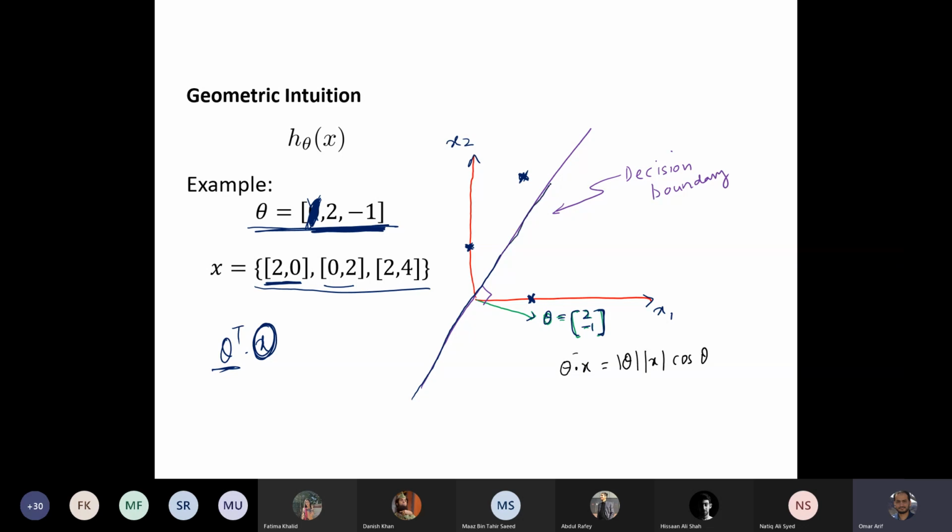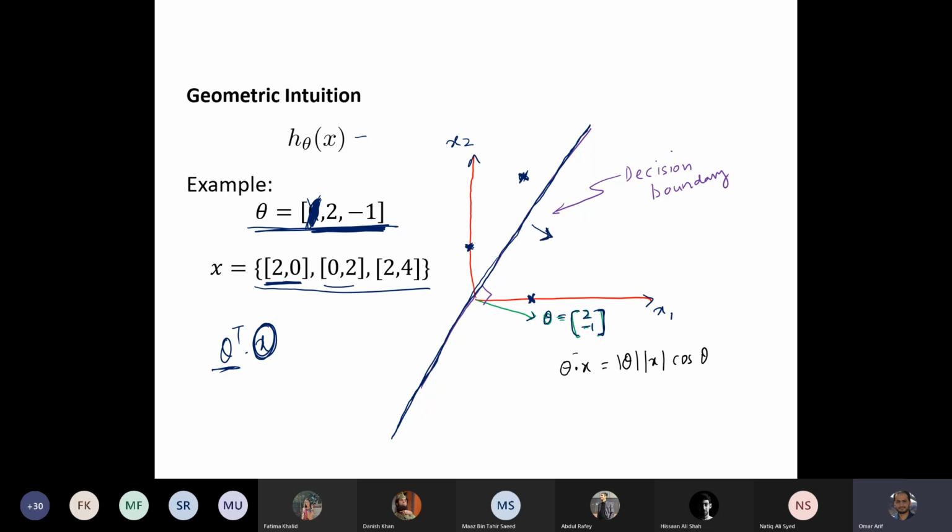Any point x that lies on this line will have a 90 degree angle with my theta parameter, and so it will give me 0 value. When it is giving me 0 value, then the prediction would be 0.5. This exactly lies on the boundary, so my probability estimate is 0.5. Anything that lies on this side will make what angle?